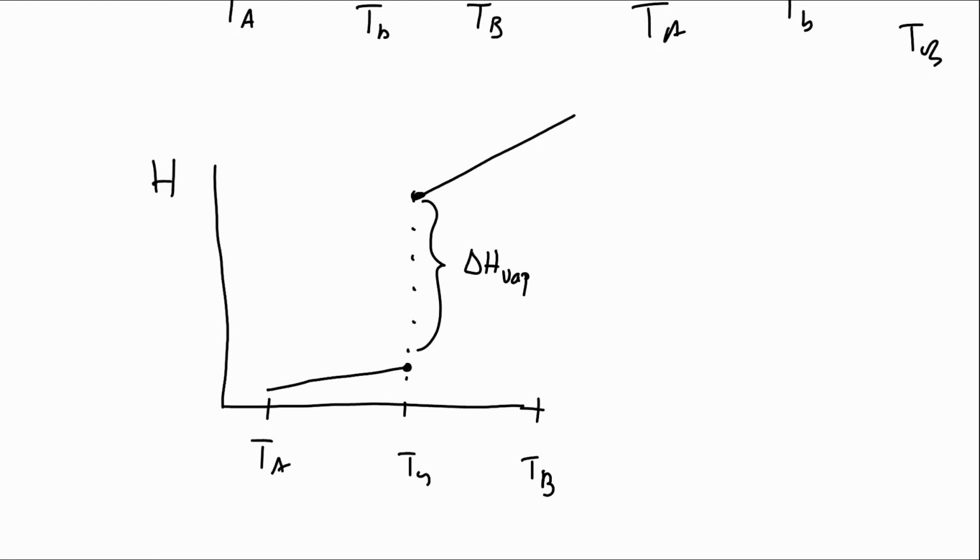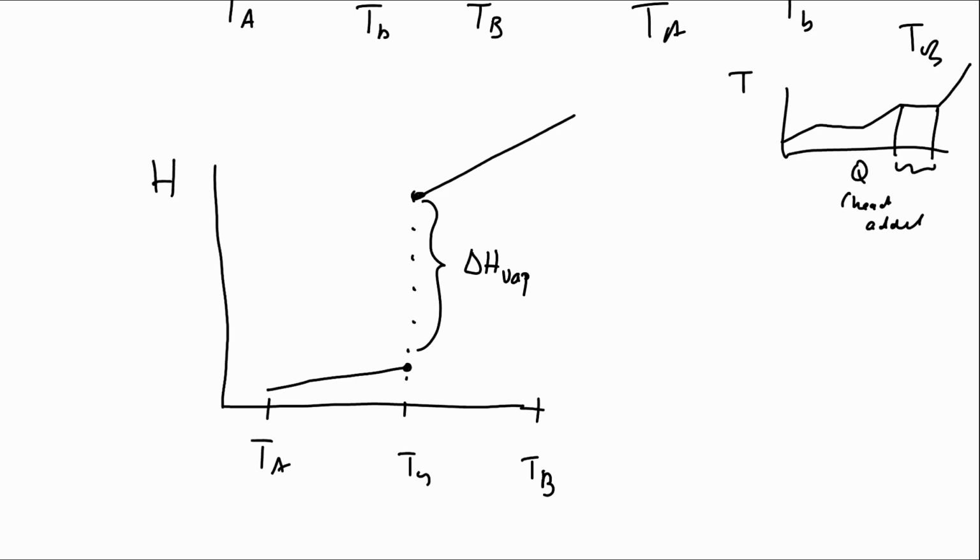And remember that graph I drew long ago where I had Q, which is the heat added, and I had the temperature, and I had this sort of piecewise curve, something like that.